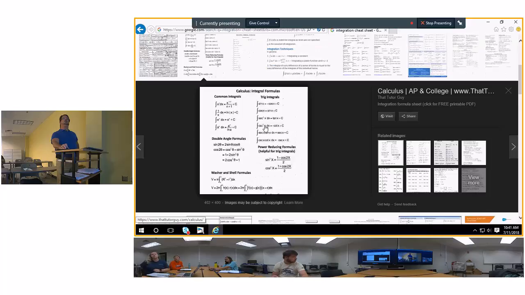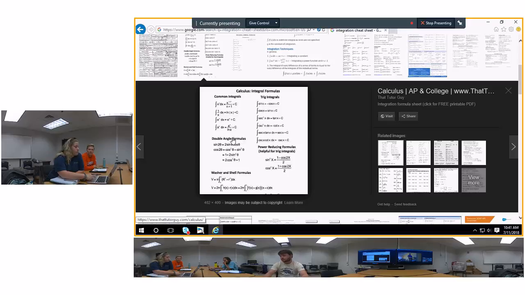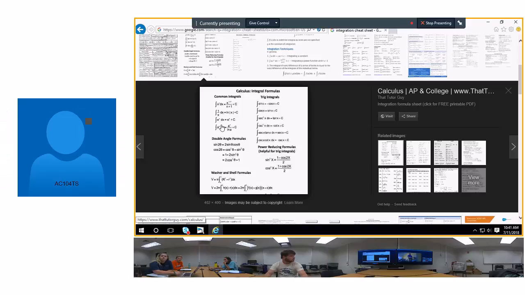Y'all supposed to have already pulled it up. There it is. A to the x power is what? A to the x over the natural log of A, right? Everybody see that?